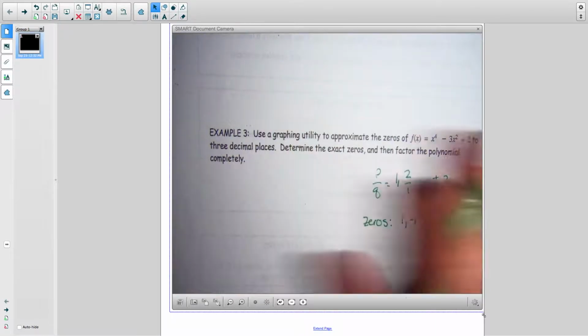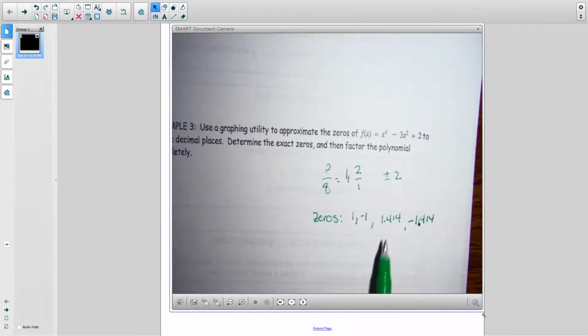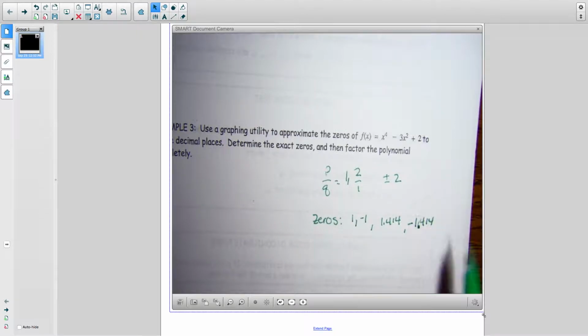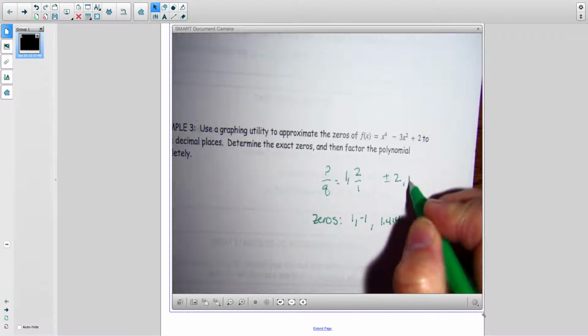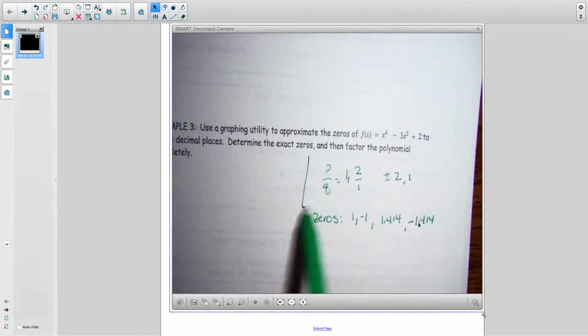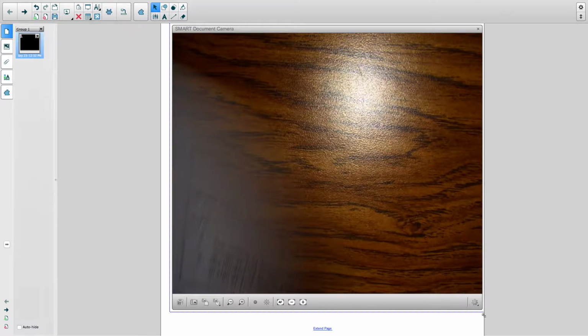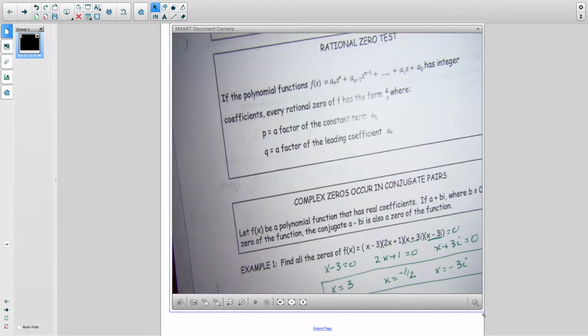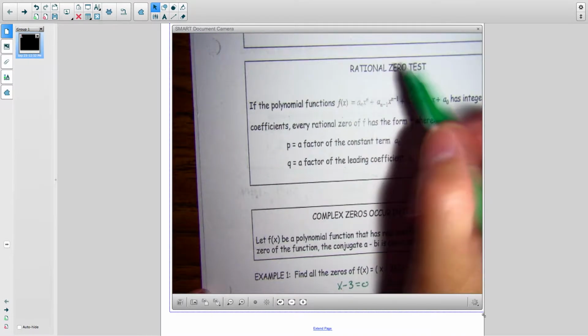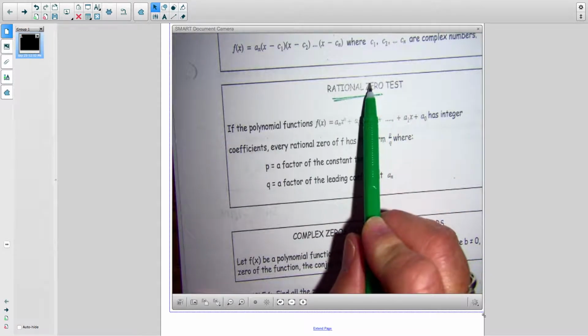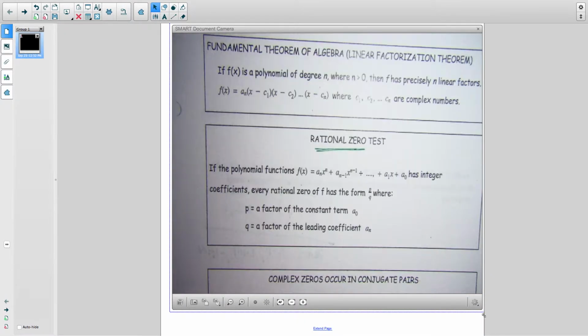How come these two didn't show up here? Because P over Q is for rational zeros. Rational number means I can write them as fractions.